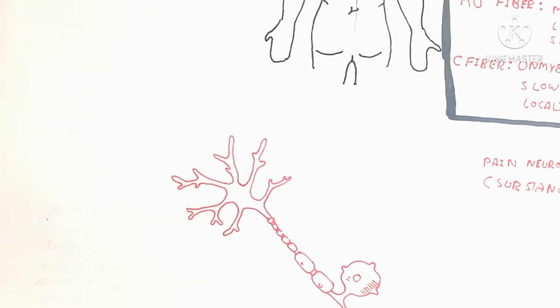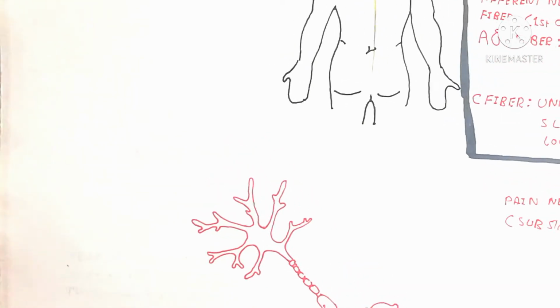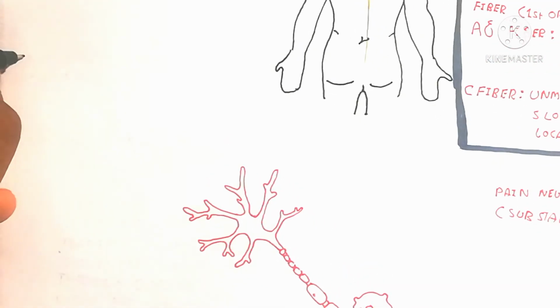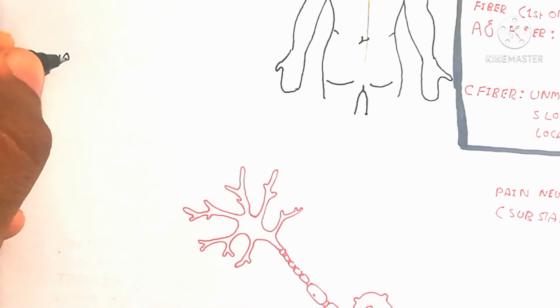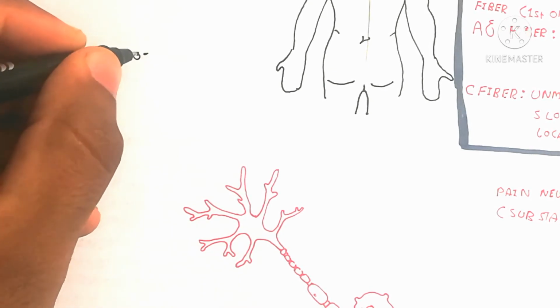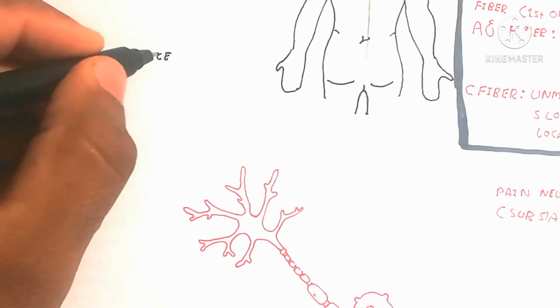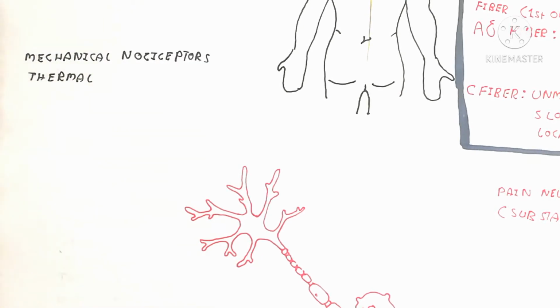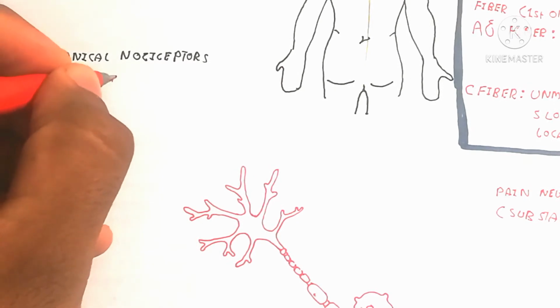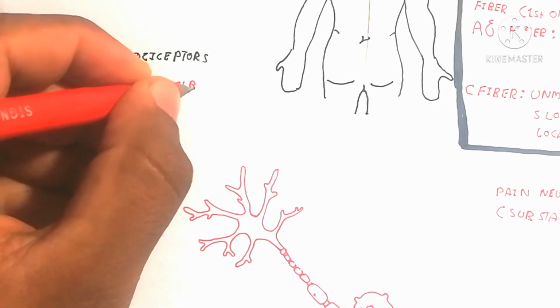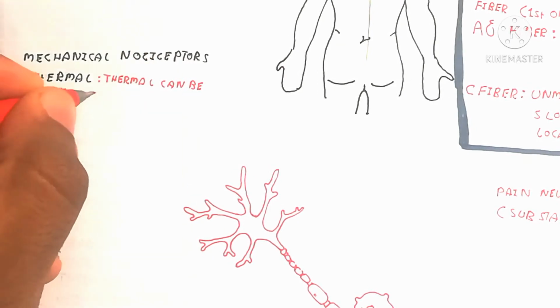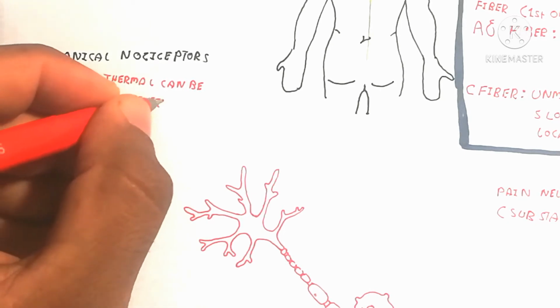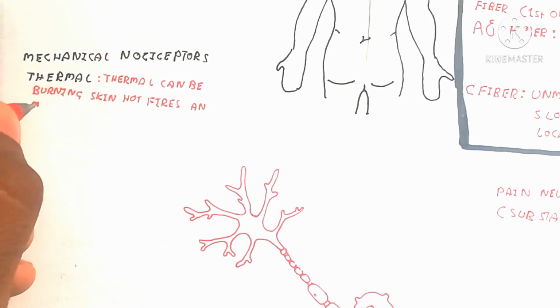So here is a neuron, and we will discuss the mechanical nociceptor. What is the mechanical nociceptor? First is the thermal nociceptor. The thermal can be burning of the skin, heat, fibers, and mechanical burn.